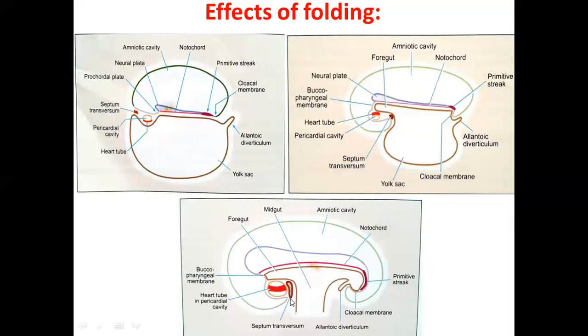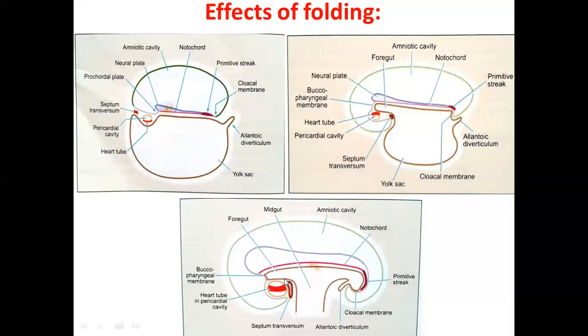You can see here the septum transversum, which is taking part in formation of the future liver and diaphragm. Then the heart tube slowly comes down from the roof. The pericardial space is going to form around it, and from here various chambers get formed. The developing brain is expanding, forming the cerebrum and so on. The face is going to form in this region, and this is the mouth.